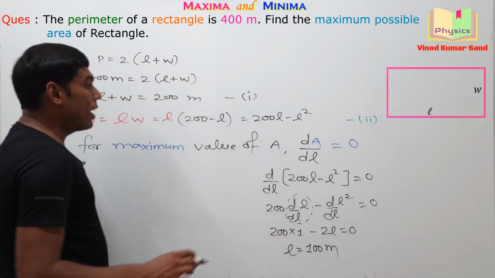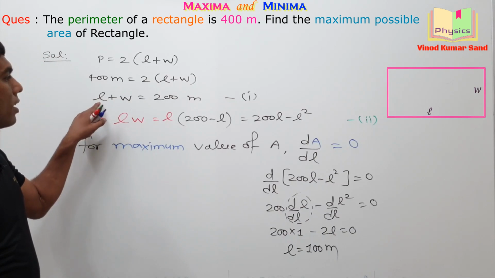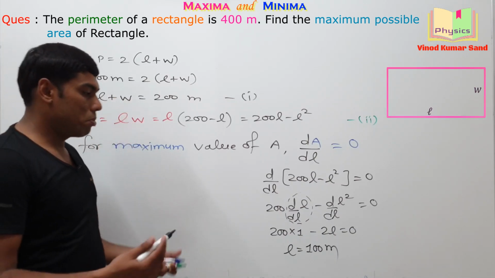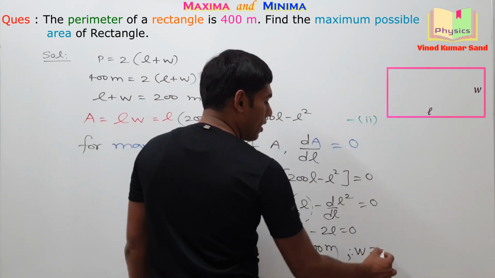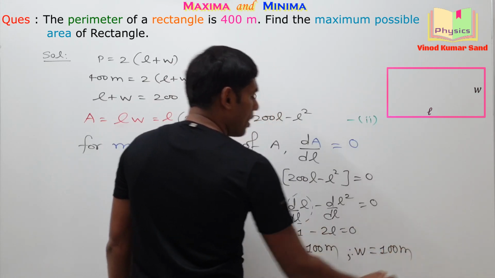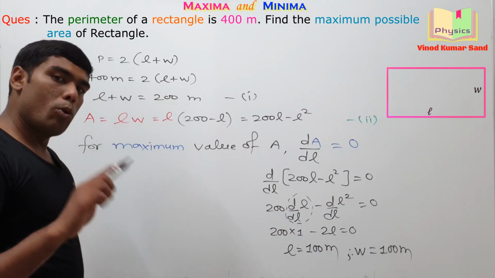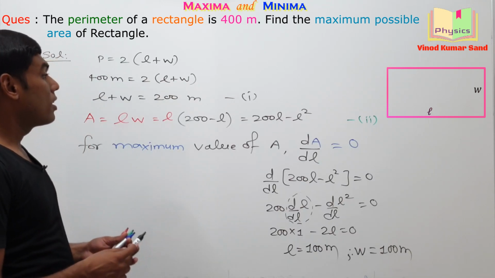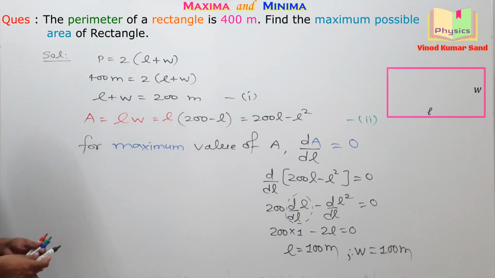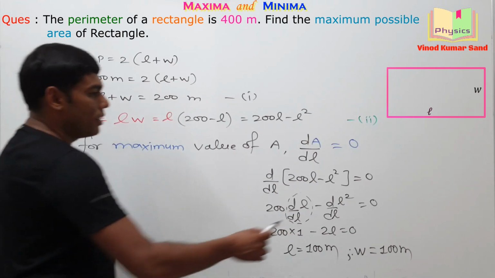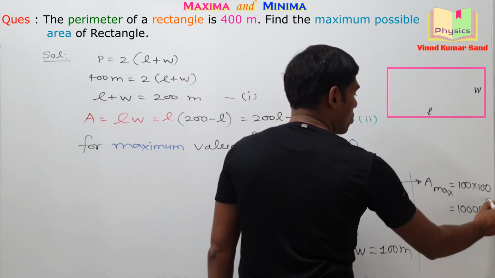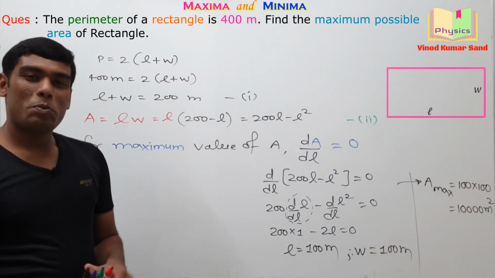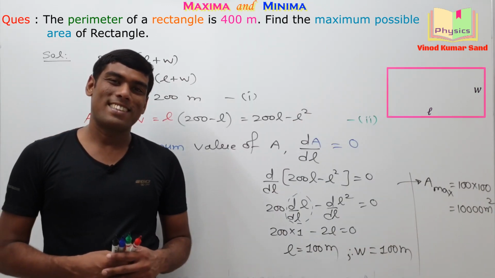If L is 100 meter, how much should be the width? Pretty simple answer. The width should also be 100 meter. If the length and width both are 100 meter each, then what should be the maximum value of area? Anyone can tell. 10,000 meter square.